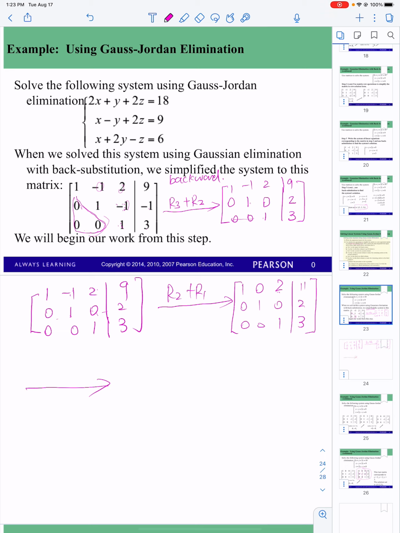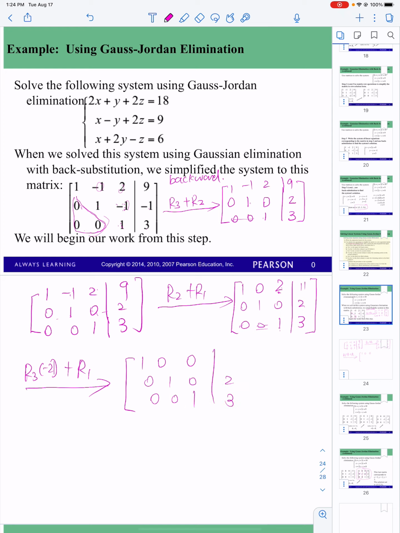Okay, so now the only number that is still trouble is the 2 here. How could you get rid of this 2? Your R3 has 1, so you need R3 times negative 2, because you wanted a negative to add together. Times negative 2, then you plus R1. Because all the other coefficients are still 0. So 1, 0, 0, 0, 1, 0, 0, 0, 1.